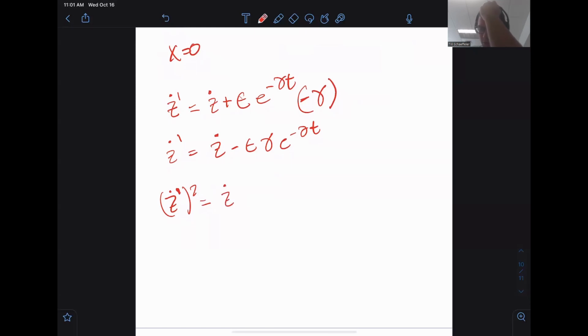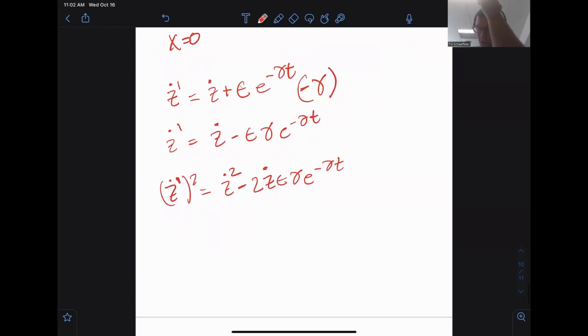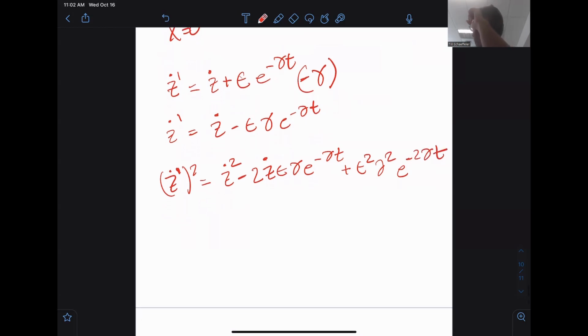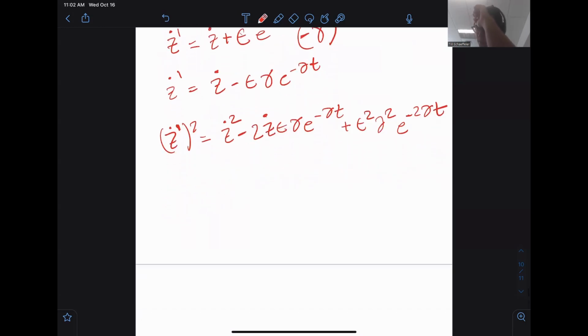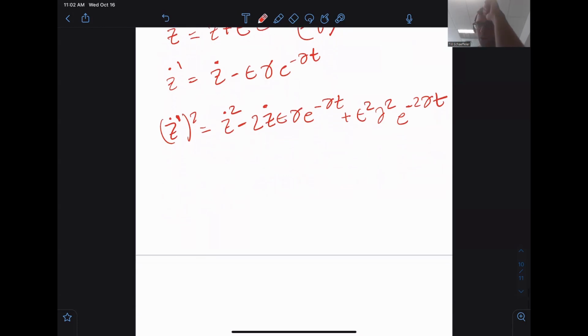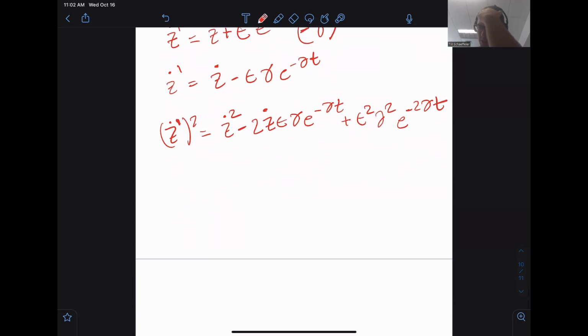You're going to get another term here that's epsilon squared, gamma squared, e to the negative 2 gamma t. Now this term here, you could keep it, but if you do keep it, you're not going to get the answer that they want.